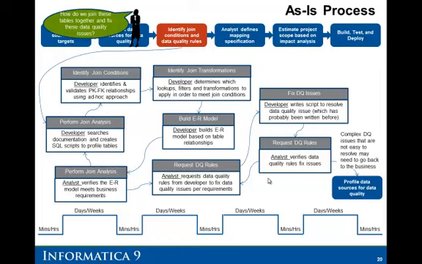Now, once the entity relationship model has been verified, the analyst and the developer can work together to resolve the data quality issues that were identified in the previous step. This requires the developer to write a script to resolve the data quality issues. And in fact, the developer or some other developer may have written a similar script from a previous project.